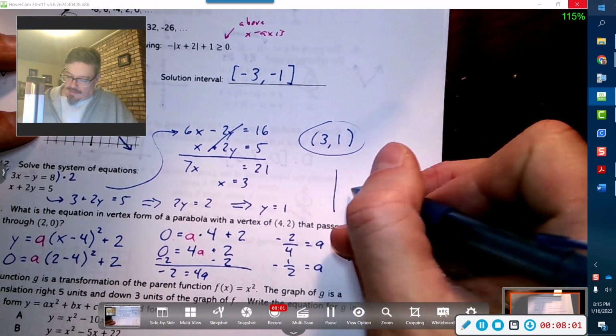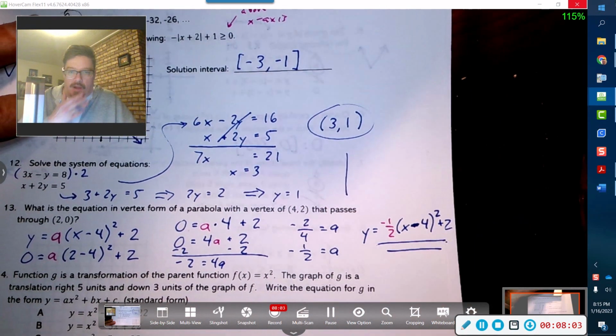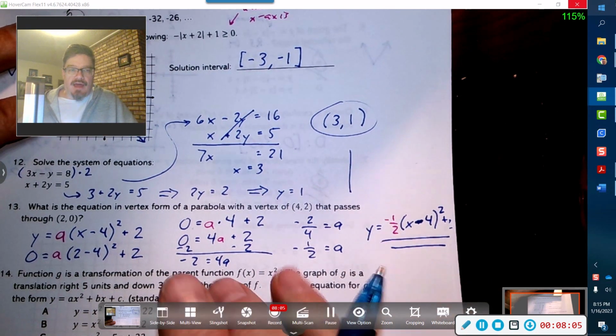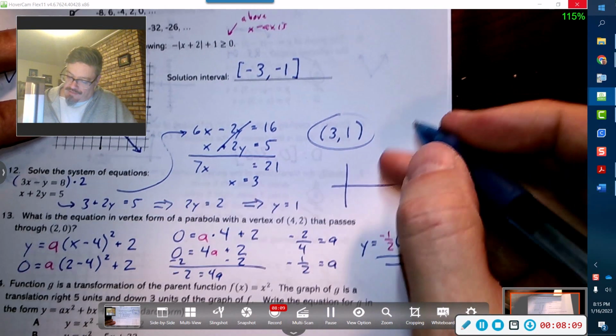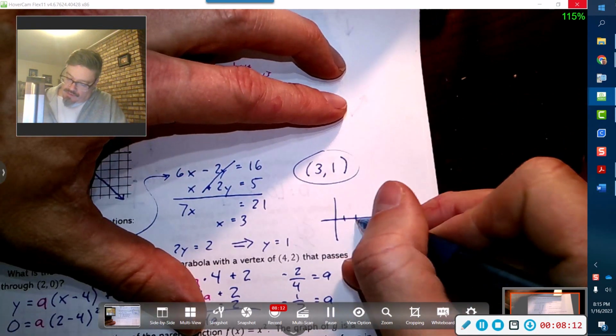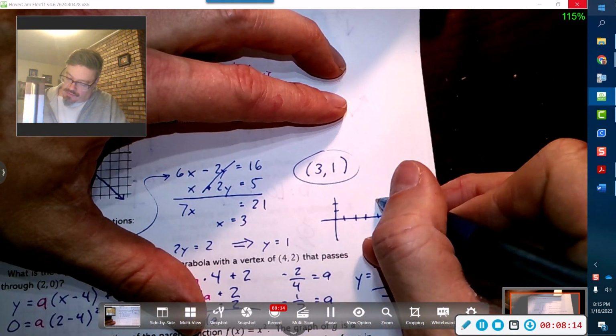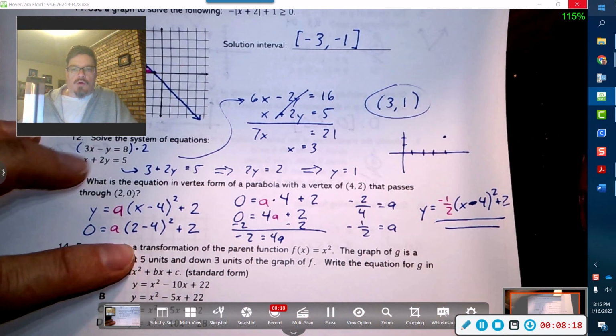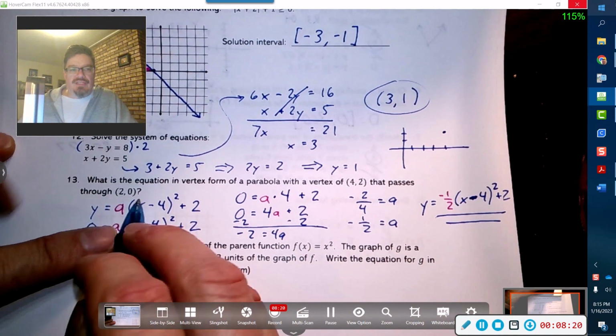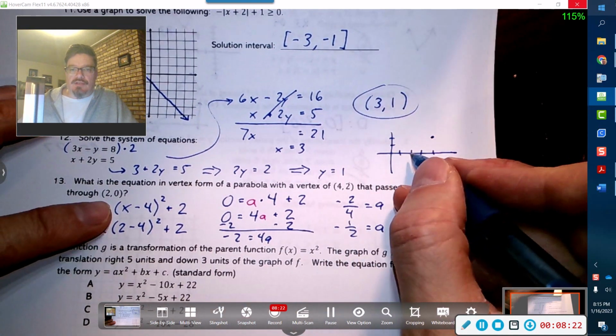I know this is a practice test, so I want us to think: is negative 1/2 reasonable? Let's go to (4, 2). That would be the vertex. Now I need it to pass through (2, 0), which is right there.